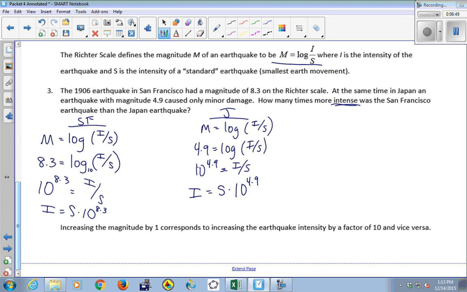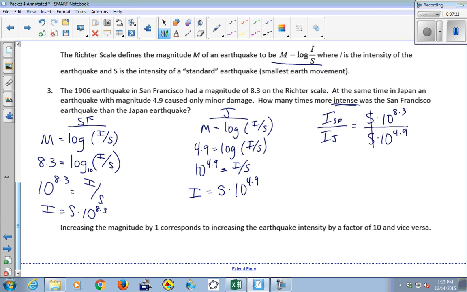All right, so now the question was, how many times more intense was the San Francisco earthquake than the Japan earthquake? So this is like the question earlier, how many times as much money does an engineer make over a social scientist? We just divide, right? The bigger divided by the smaller. So the intensity for San Francisco over the intensity for Japan is S times 10 to the 8.3 over S times 10 to the 4.9.